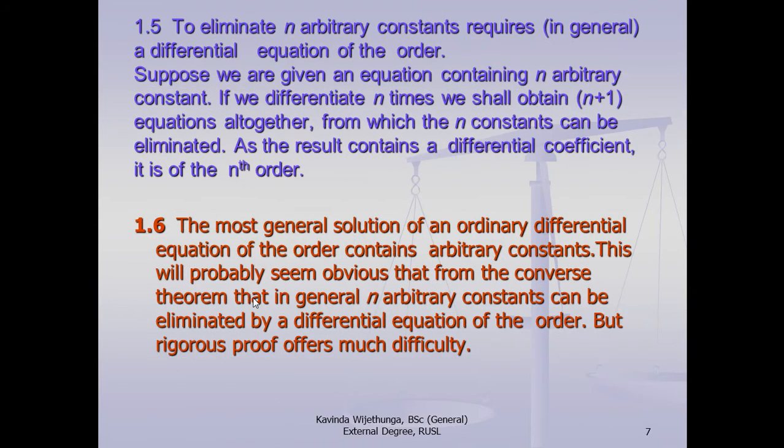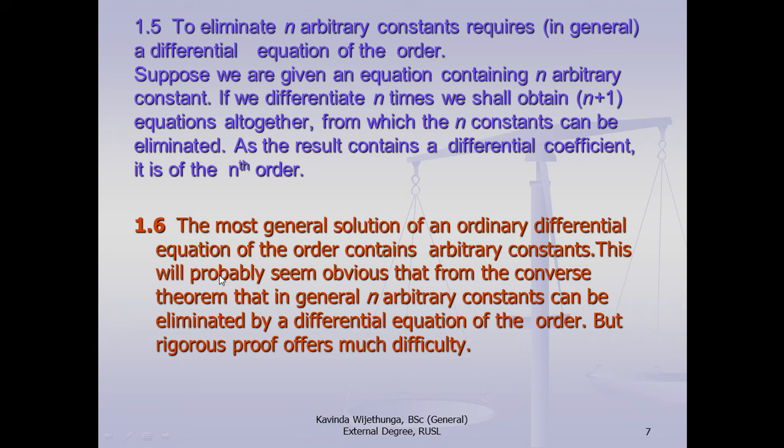So if you have n arbitrary constants, we have to differentiate n times to remove those constants, and with the original equation, altogether we have n plus 1 equations. The most general solution of an ordinary differential equation of the nth order contains n arbitrary constants.